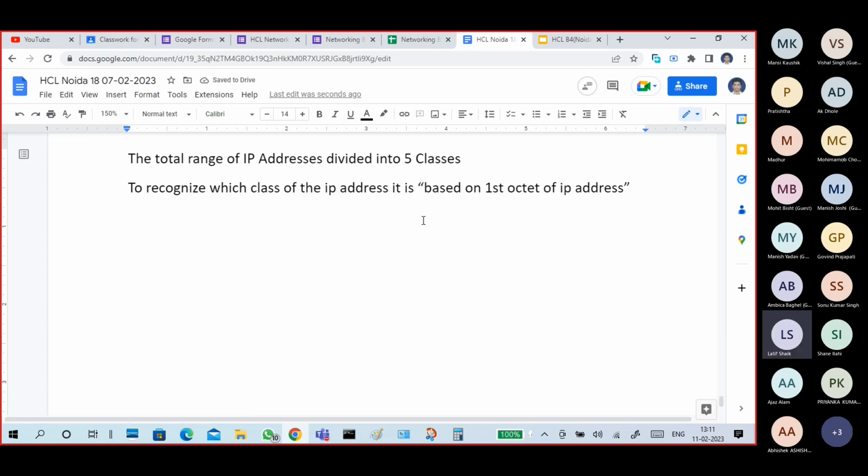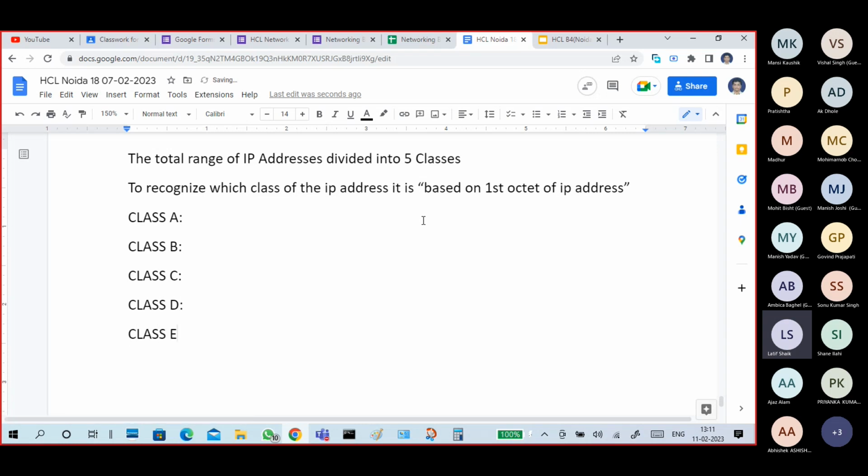Okay. Even now when you see an IP address, see the first octet. Of course, there are a lot of stories, but you can directly go to class A, class B, class C, class D, and class E.